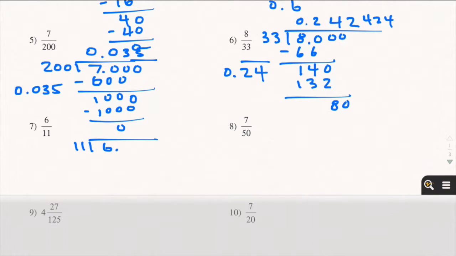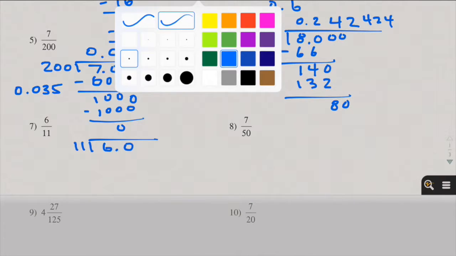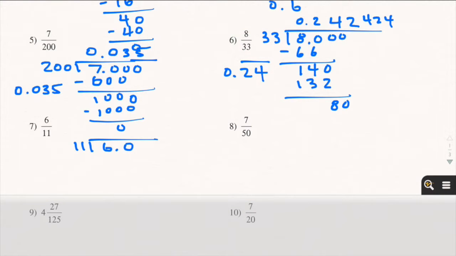Okay, number 7. 11 and 6. I'm going to put this in a different color so we don't interfere with number 5. So 11 goes into 6 0 times. Bring a decimal up. 11 goes into 60 5 times. 5 times 11 is 55. We subtract those, we end up getting 5.